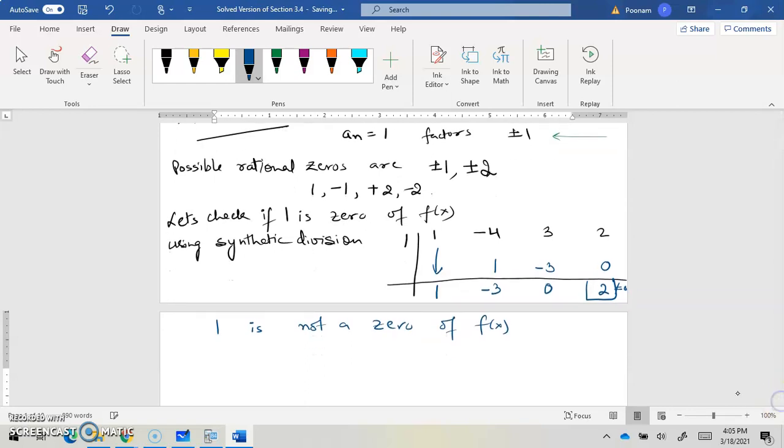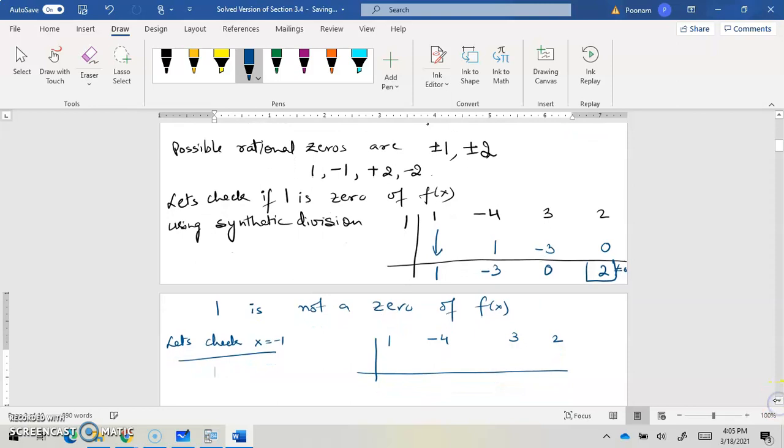Let's try negative 1. Let's check if x equal to negative 1 is a zero or not. Again, I'm going to do it by synthetic division. 1, negative 4, 3, 2. I'm going to write negative 1 here. 1 goes down, multiply by negative 1, add, that will be negative 5.